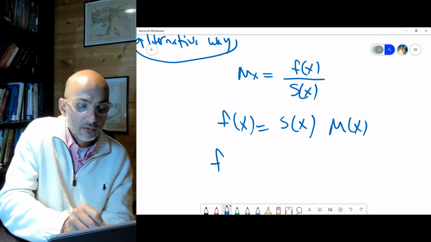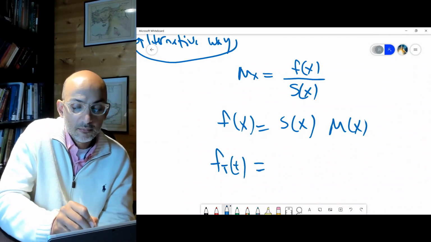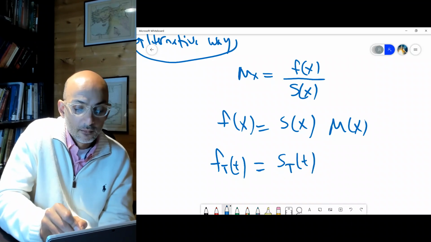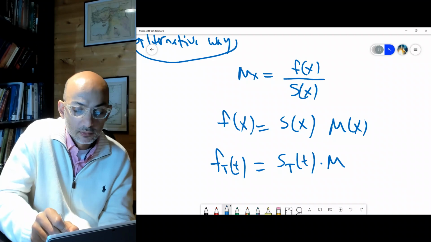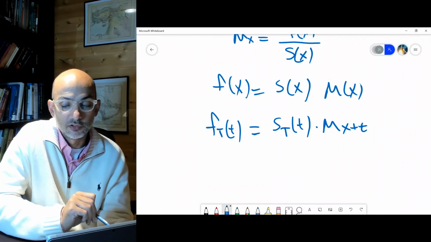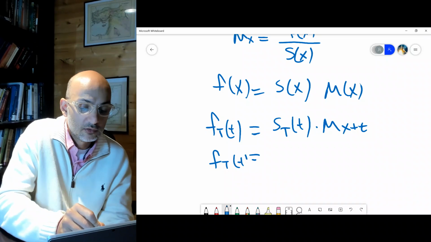But we wanted f of t, and this is the same thing as s of t multiplied by mu of x plus t. This is by definition, right?